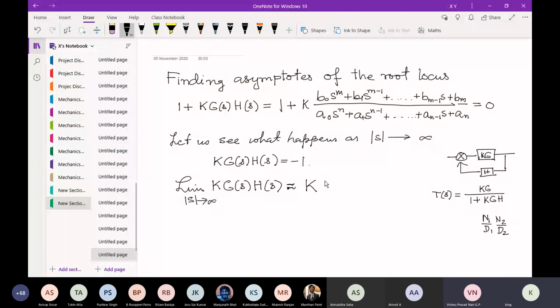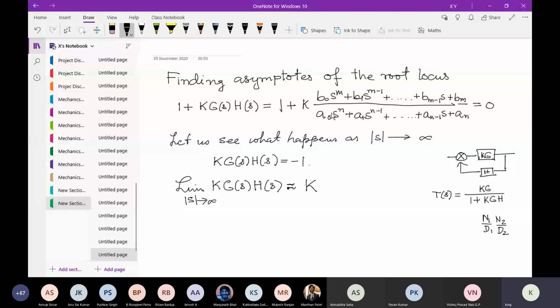Yes, we will have the scale. But that depends on the value of m and n, right? Like if m is less than n, that will tend to 0. I'm not talking of tending to 0, tending to infinity. No, like if m is less than n, like the numerator is a lesser degree polynomial than the denominator. Yeah. But we are trying to find out two things.